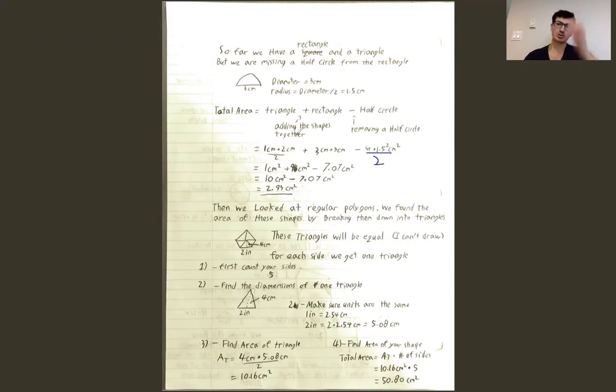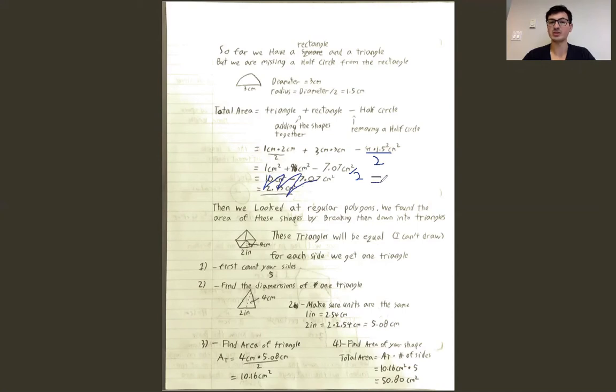Okay, so doing that equation, we have 1 centimeter squared plus 9 centimeters squared. We're going to have minus 7.07 centimeters squared divided by 2. And I'm just going to go ahead and erase this.